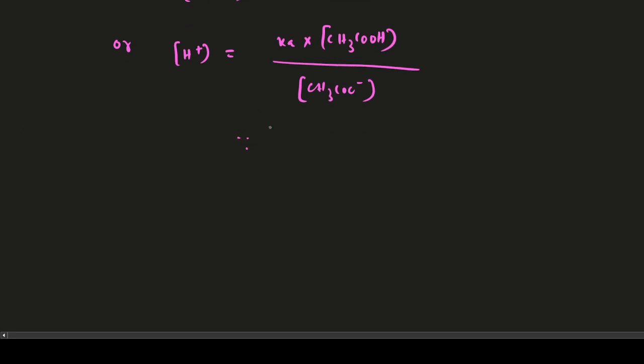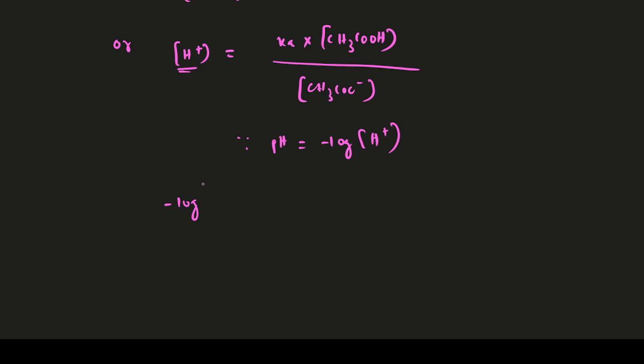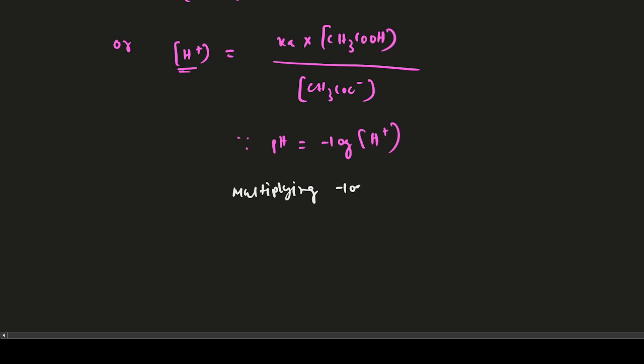Because pH is equal to minus log of H plus concentration, I want to get that pH. So what I will do, I will put minus log on both sides, multiplying minus log on both sides.